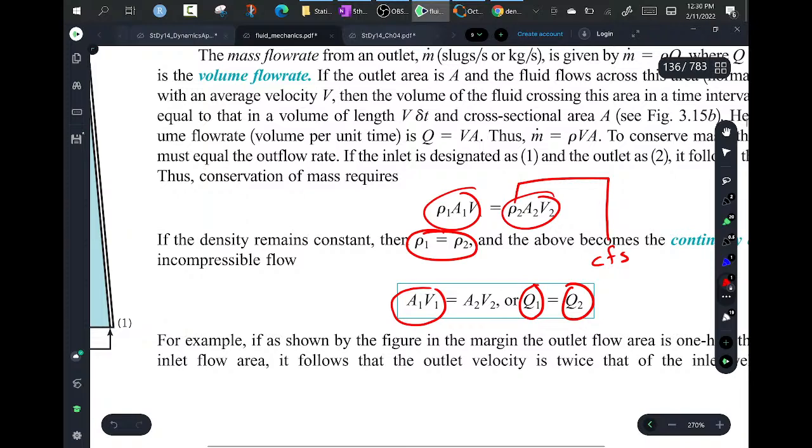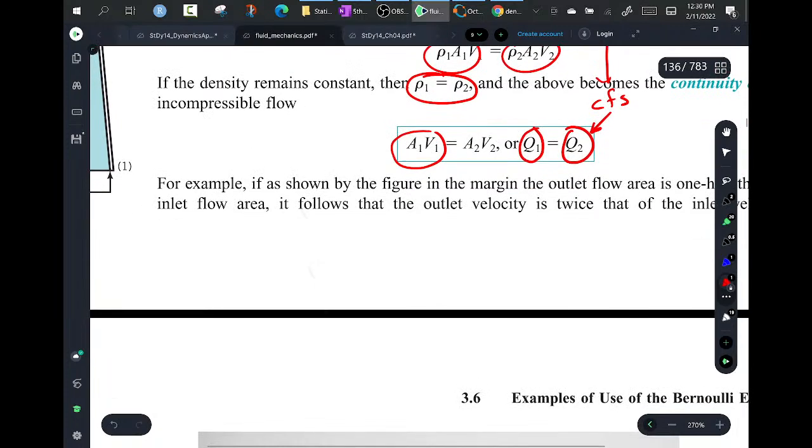You can change that to m dot, or slow, kilograms per second, or slugs per second. However, if you were in thermo, you'd probably do pounds mass per second. Cubic feet per second is pretty common.